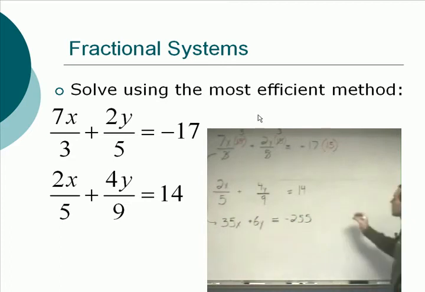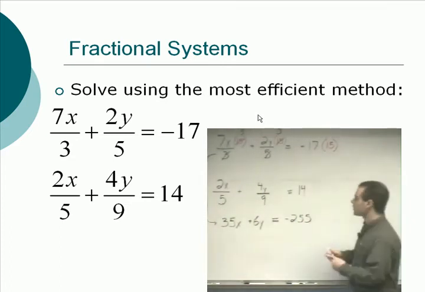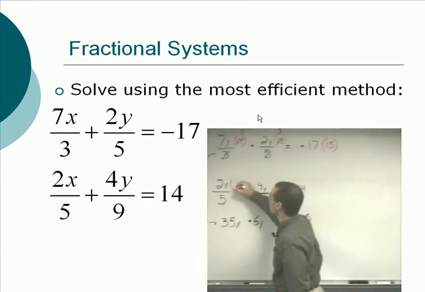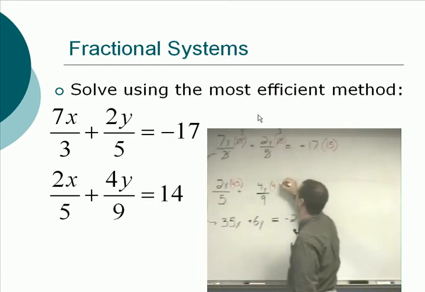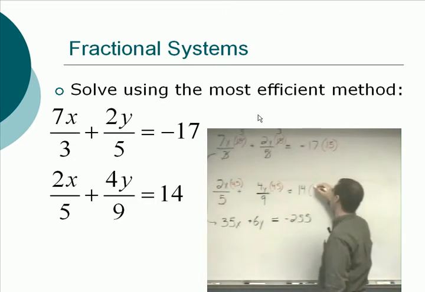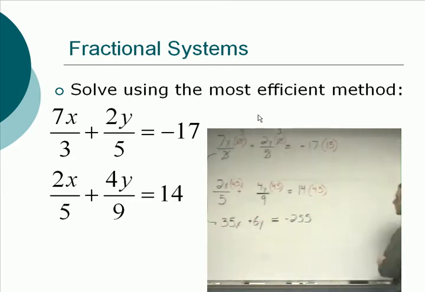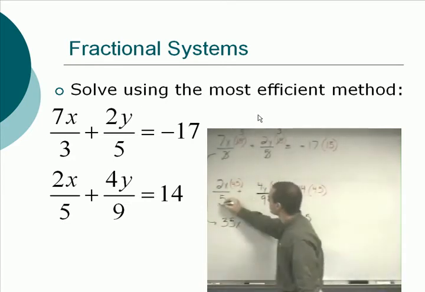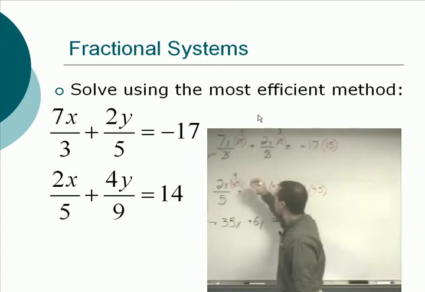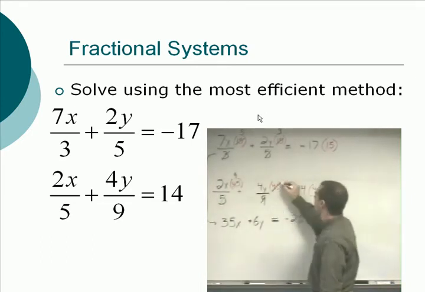Okay, what about this second equation? Here we're going to multiply both of those by an LCD, and in this one the LCD becomes 45. So we multiply by 45. We get some canceling. 5 and 45 become 9.